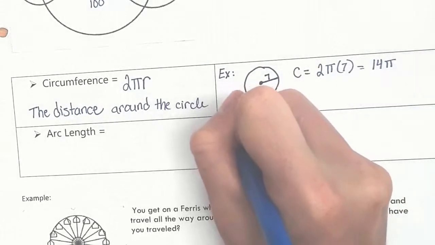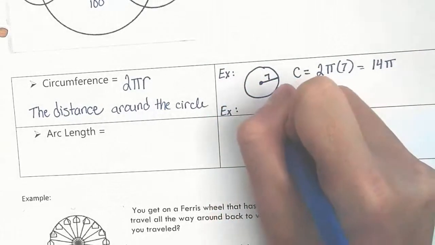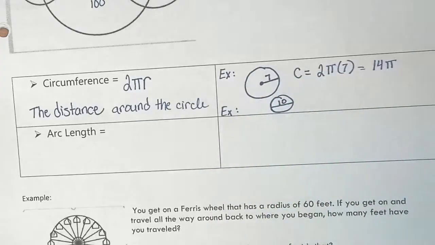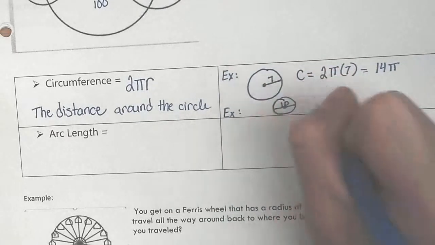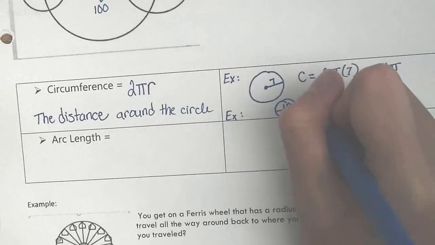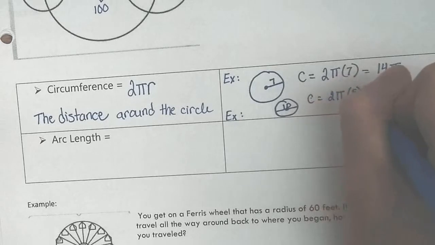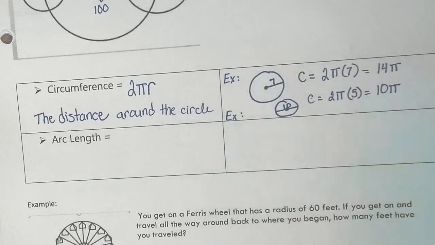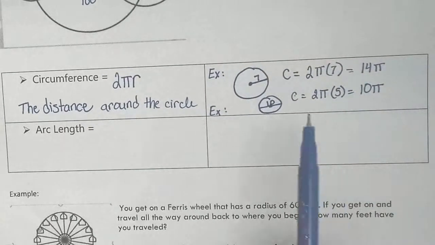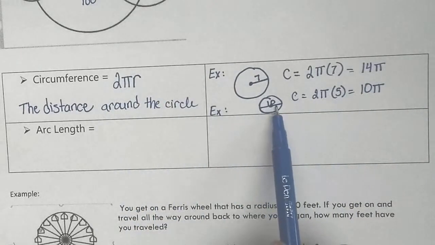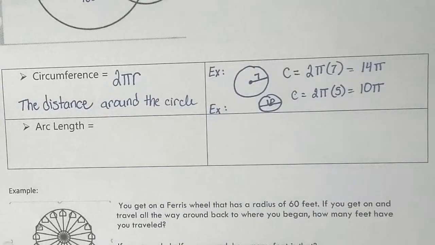Another example, if our diameter, let's say, is 10, the circumference is going to equal 2 times pi times 5, because that's the radius, which is 10 pi. What you'll notice with this formula is we always multiply the radius by 2. So if you know the diameter, the circumference is just equal to pi times the diameter, or the diameter pi.